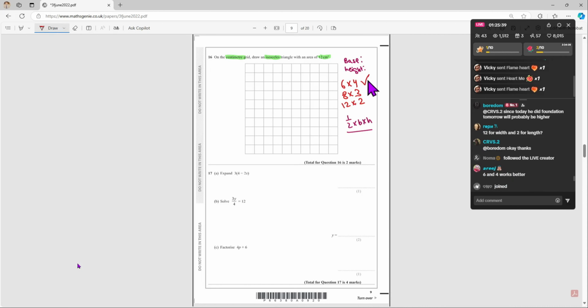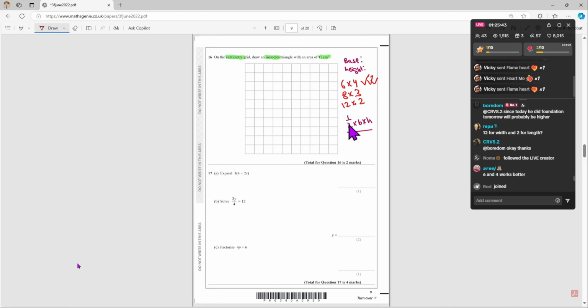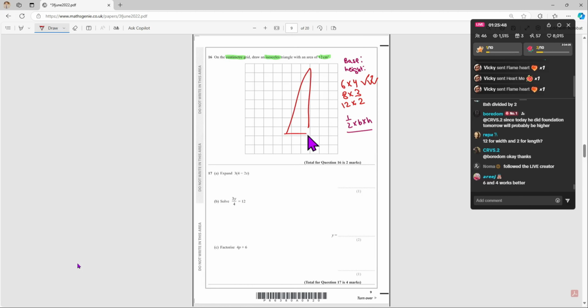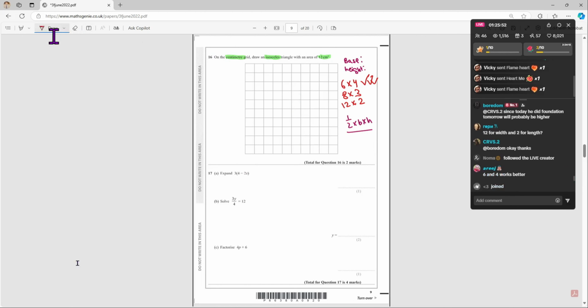But I think 6 and 4 will look better, because it's evenly distributed. If you do 12 and 2, your triangle will be like this. You get what I mean, right? You want it to be more like a square shape. So I'll do 6 and 4.